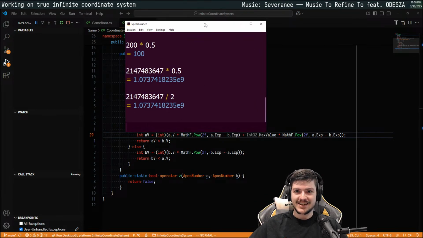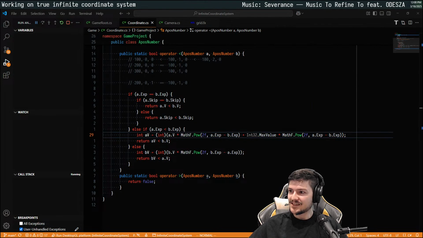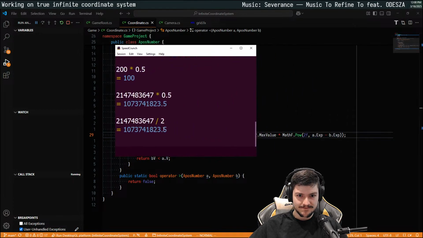Is there a way to not have exponential numbers? Thousand, millions, 1 billion, which is correct.